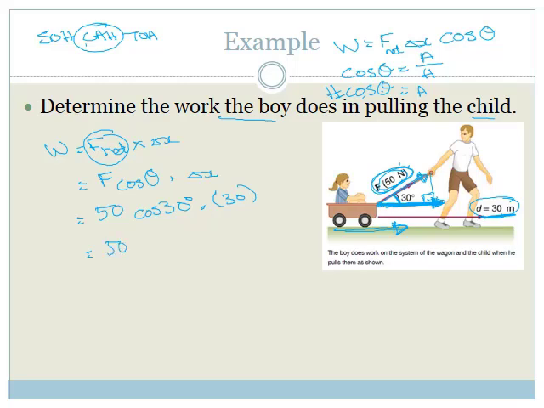So we go 50 times 0.87 times our 30 meters. So we multiply it by 1500. And we get that the work done is 1299.04 joules.